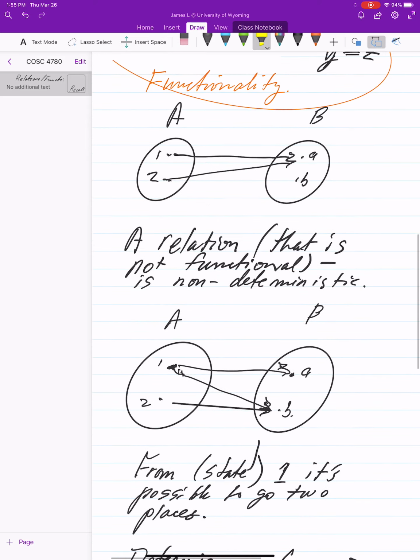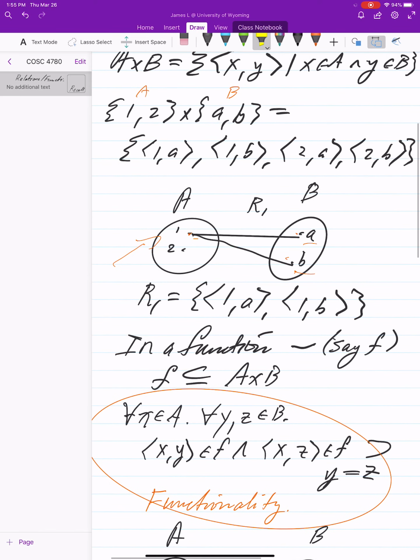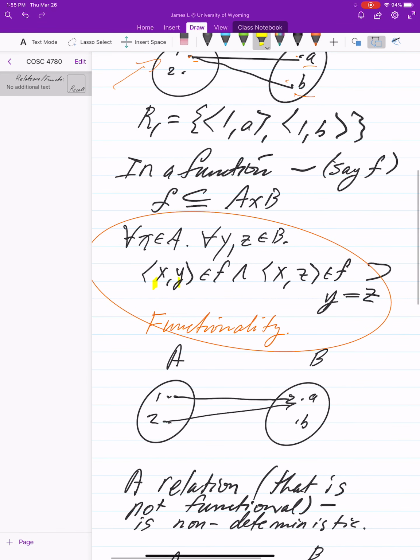And we saw that up here in the definition of functionality. We saw that x goes to y, x goes to z, that means y is equal to z. So determinism looks the same as functionality for a relation. So I hope that makes that concept a little bit simpler.